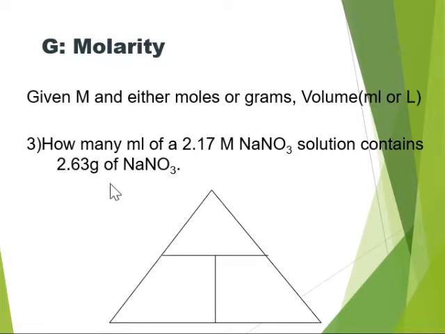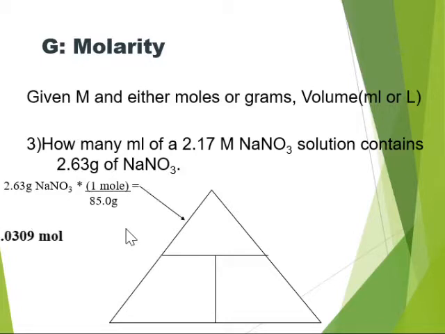Notice again, we're starting with grams, so we need to convert it to moles, okay? We're going to need the molar mass and divide by it again. So the molar mass of sodium nitrate is 85.